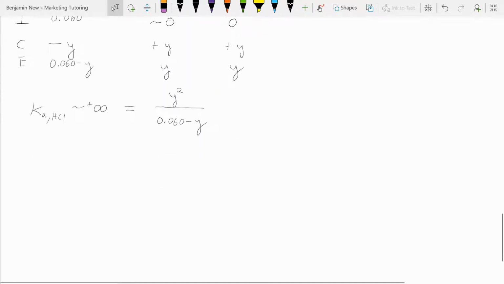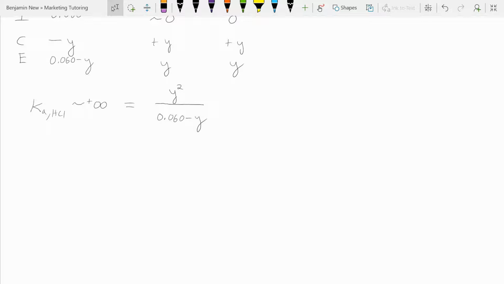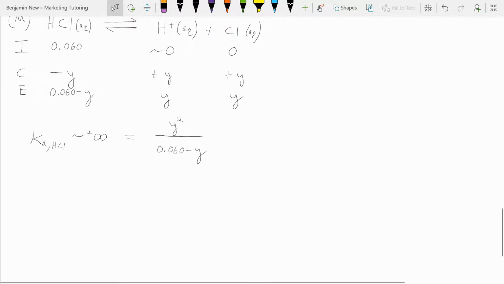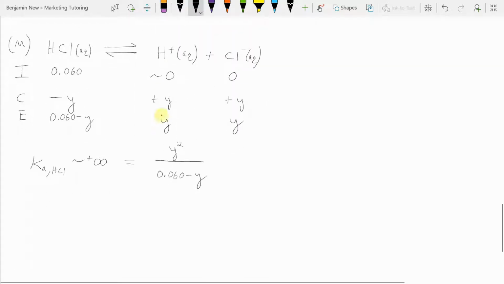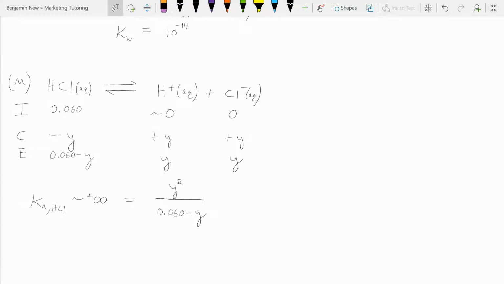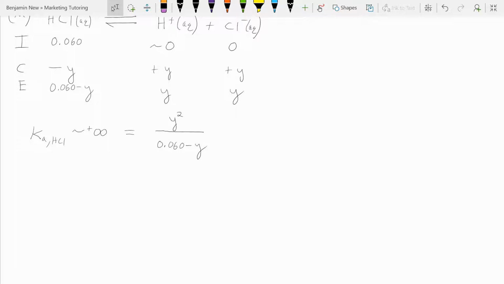Now, if you think about this for a little while, if you've taken limits in pre-calculus, this should be pretty easy. Or if you just think about, if this Ka is really large, it just means that the products are so heavily favored that effectively everything goes to the right. So what that means is that y, well, physically and sort of common sense wise, y must be 0.060 molar.